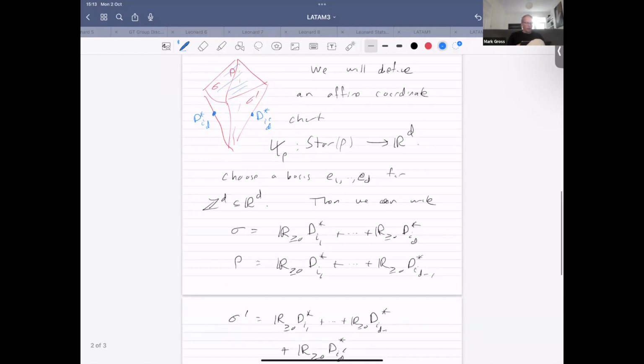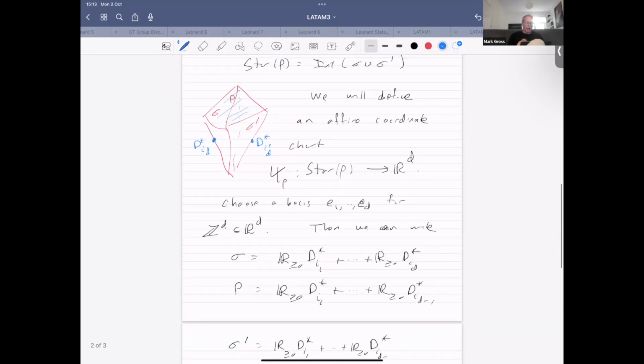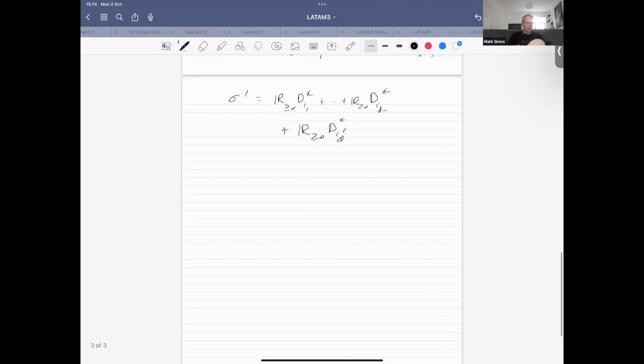Okay, so I'm going to define psi rho as a piecewise linear map, actually, on just sigma union sigma prime. A priori, psi rho is just supposed to be defined on star of rho, which is the interior of sigma union sigma prime, but it's not a big deal. I can restrict the map. So let's define psi rho from sigma union sigma prime to R^d as follows, as a piecewise linear map.